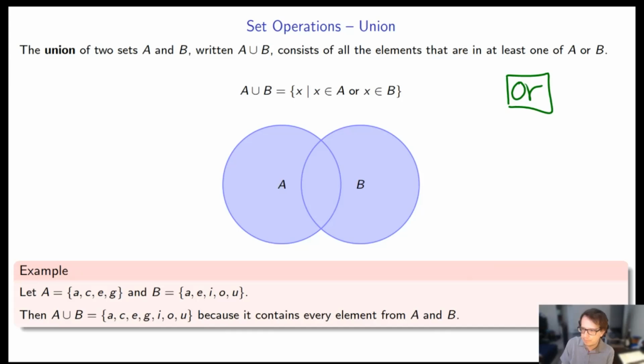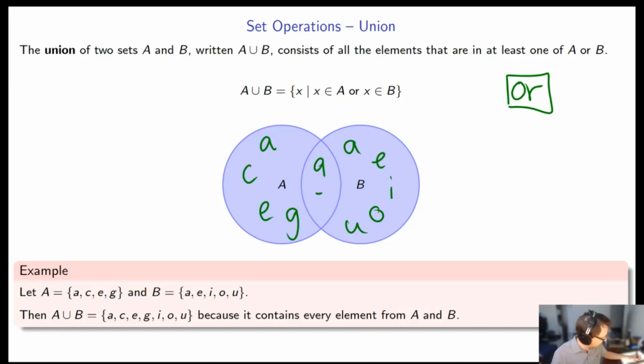So the union is another binary operator, which takes all of the elements that are in either A or B or both. If we use the same sets as before, A, C, E, G, and A, E, I, O, U, again we're going to put the common elements A and E in the center and spread these out a little bit.